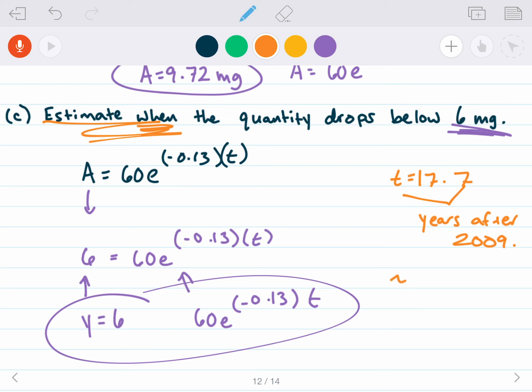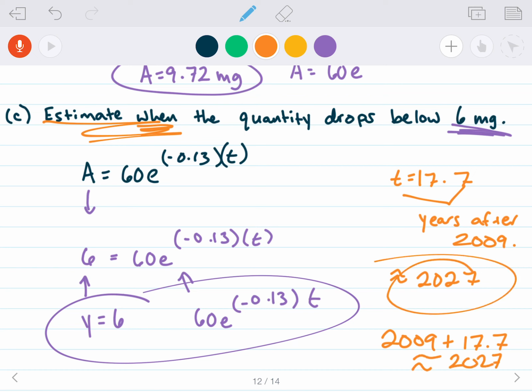So this is approximately in 2027, right? If we add 2009 plus 17.7, that's approximately in the year 2027. So this is our answer right here. That's when the quantity starts to drop below 6 milligrams.